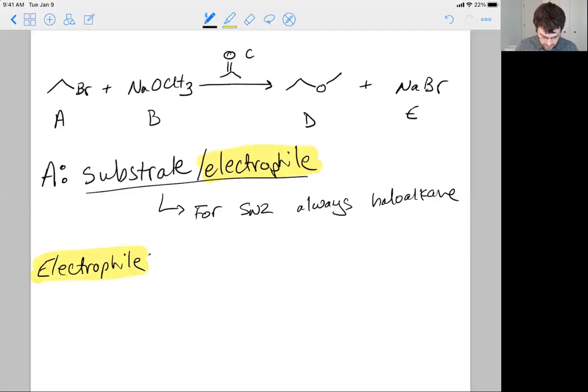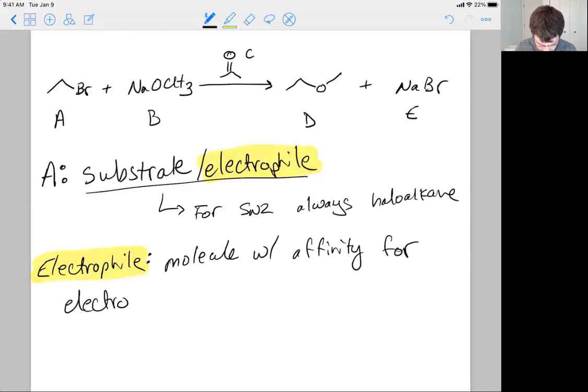So the electrophile is the molecule with affinity for electrons. Electrons correspond to lone pairs, which corresponds, in many cases but not always, to negative charge.